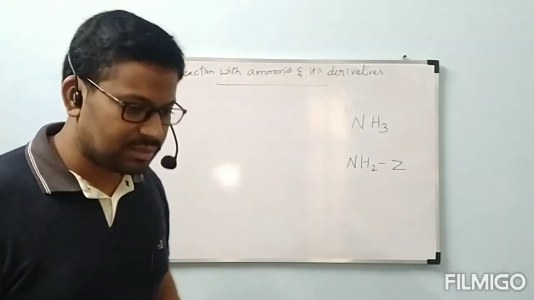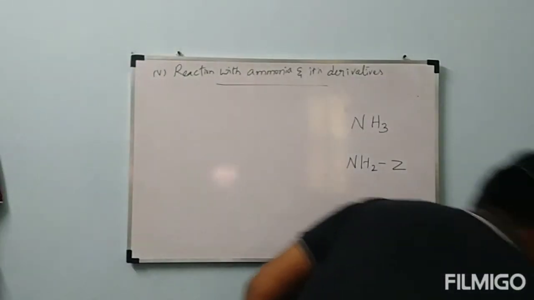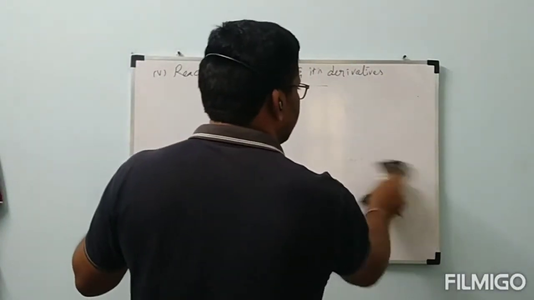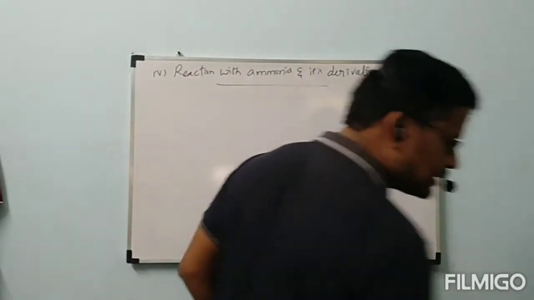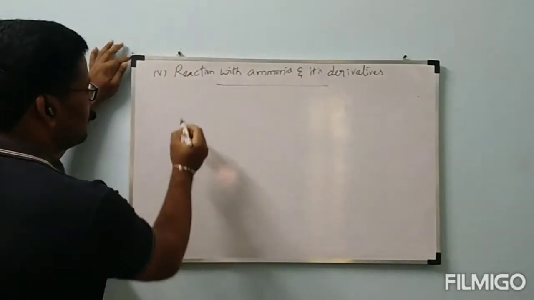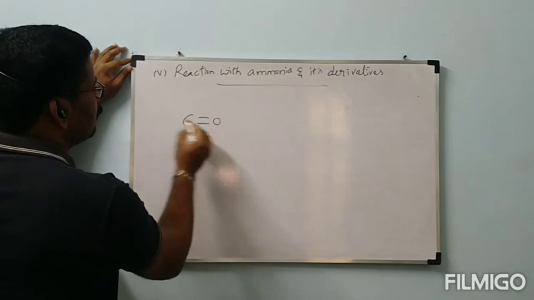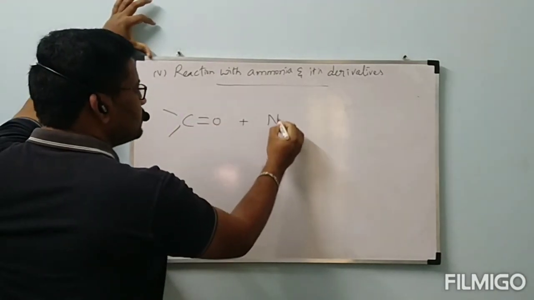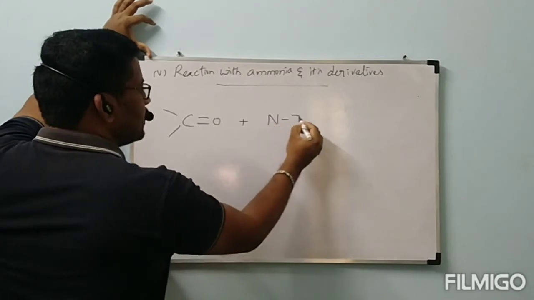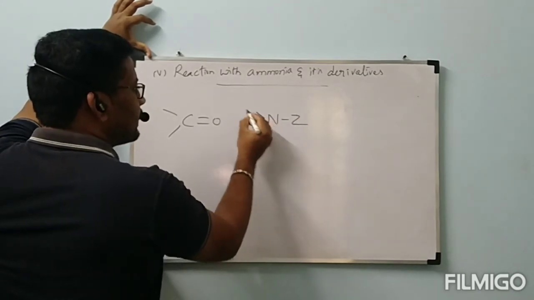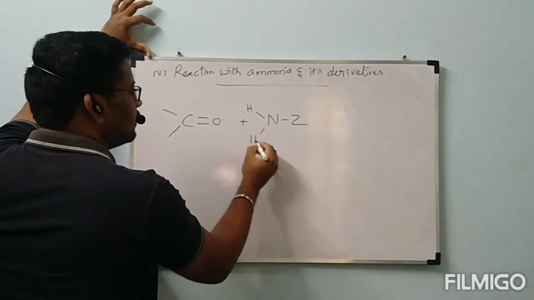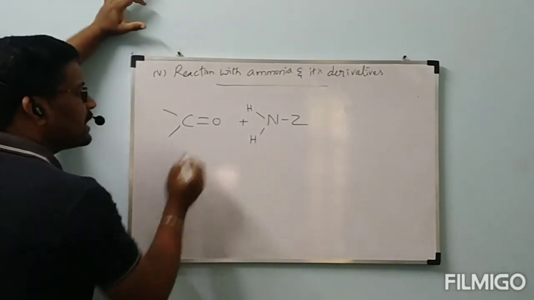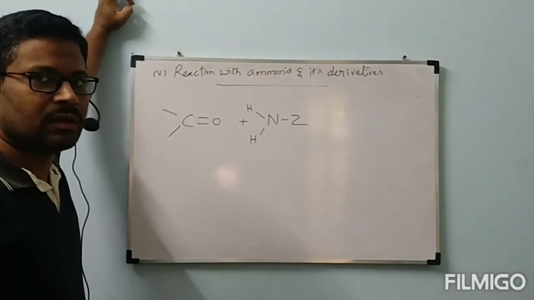Okay, let us see that one. Carbonyl group has C double bond O, and reacts with NH2Z. Between carbon and oxygen, which is more electronegative? Oxygen.